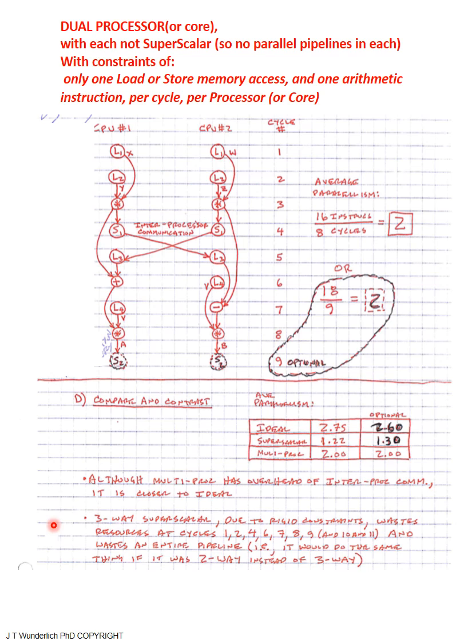Three-way superscalar, due to the rigid constraints, wastes resources at different cycles here. You can go back and look at those, and it wastes an entire pipeline that's not being used, and so therefore would be really the same as a two-way. So more is not necessarily better here in terms of how many pipelines if they're completely underutilized or not utilized to their fullest.